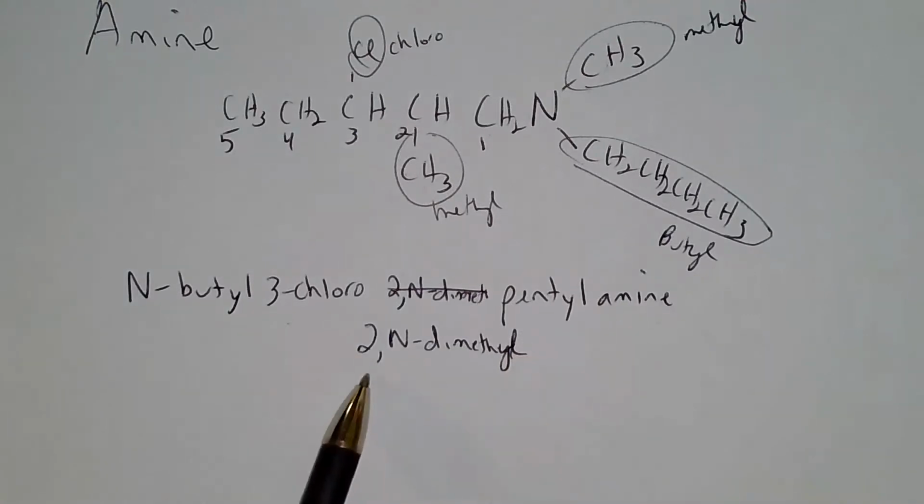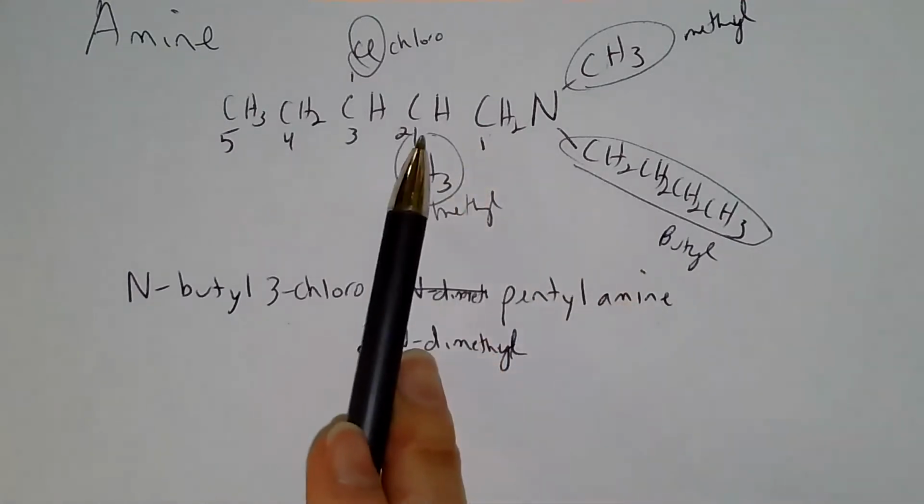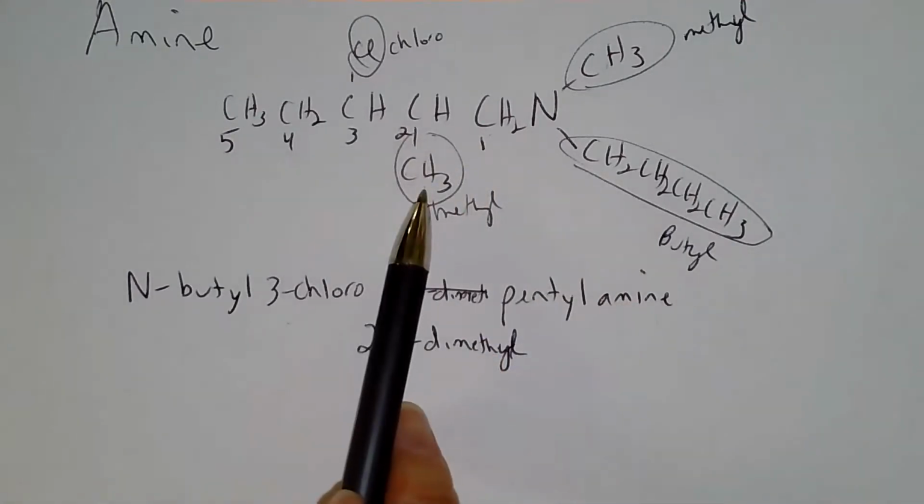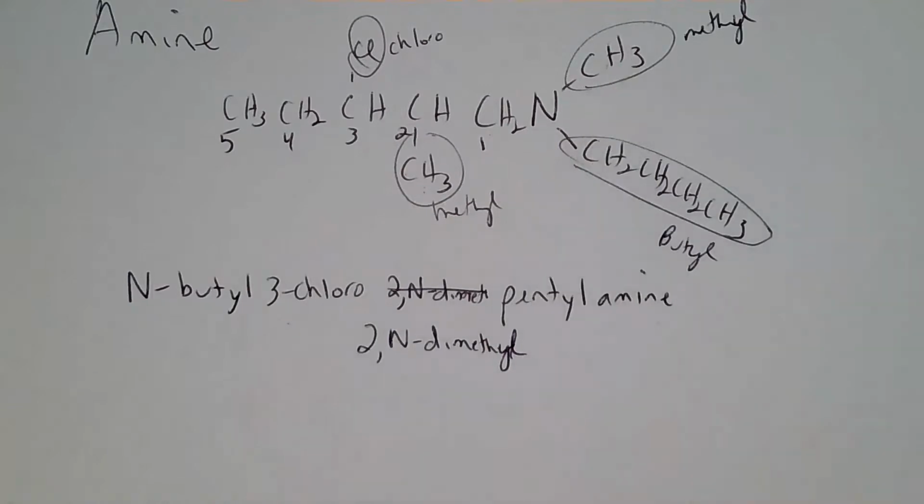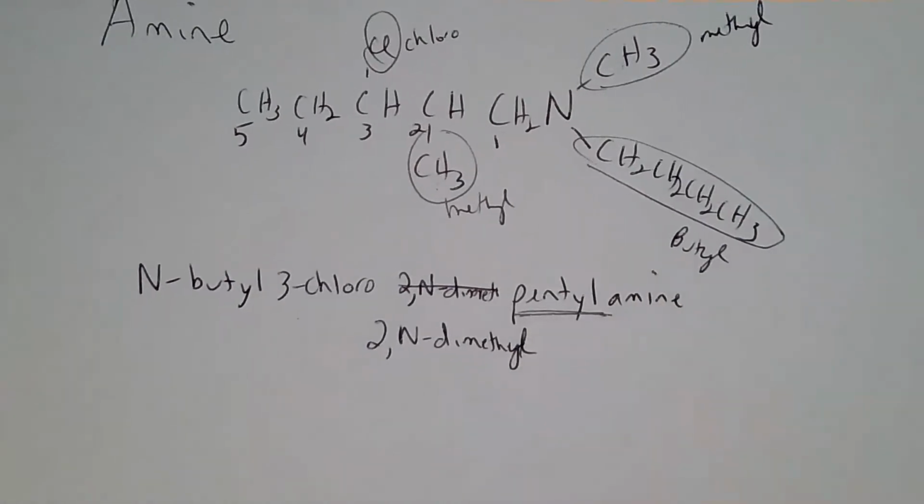So what it tells the reader is off the 2nd carbon off of the longest chain, there's a methyl group, and there is a methyl group off of that nitrogen. Okay, so again, the N just works like a number, works exactly the same way. So it looks weird, but it follows all of the rules. And then again, the amine part, the longest chain, has the weird ending like a branch. That's the only other weirdness that you see.